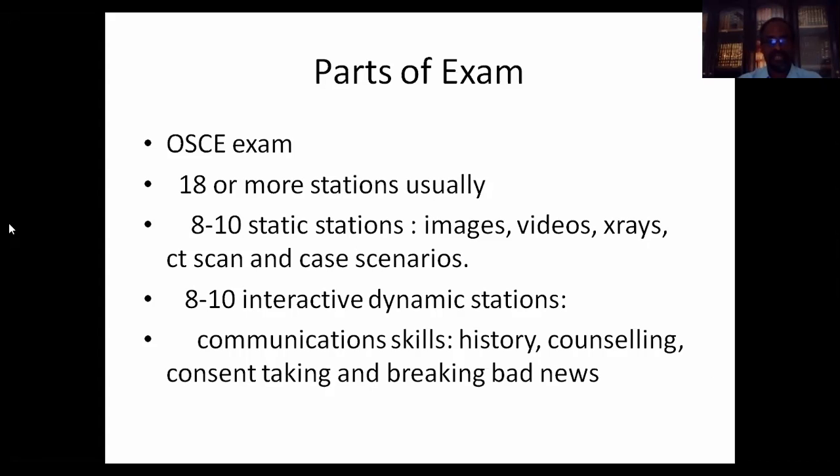So you expect 2 to 3 stations of communication skills regarding history, consent taking, breaking bad news, discussing with the patient the options of treatment, what is next, or discussing with the patient what to do in the future about a certain disease. Okay, next.